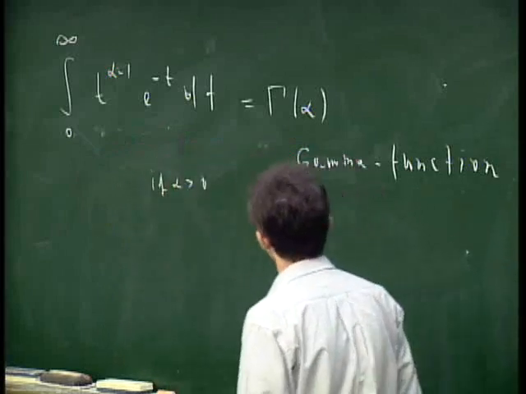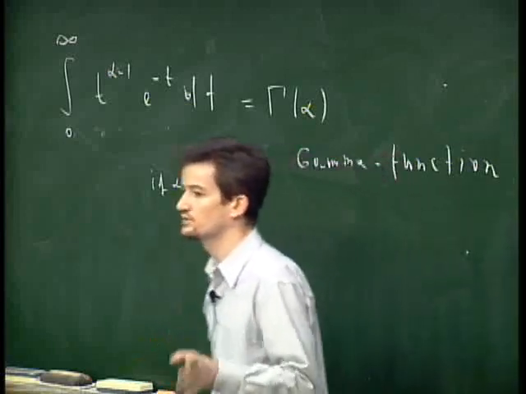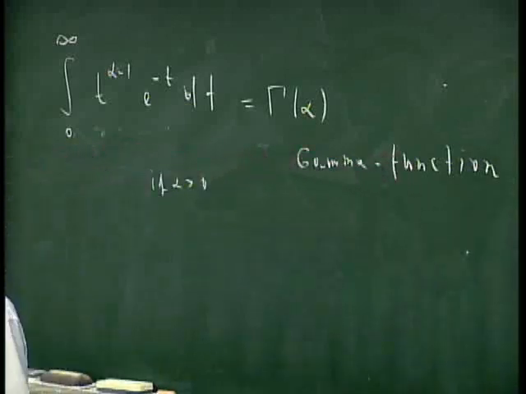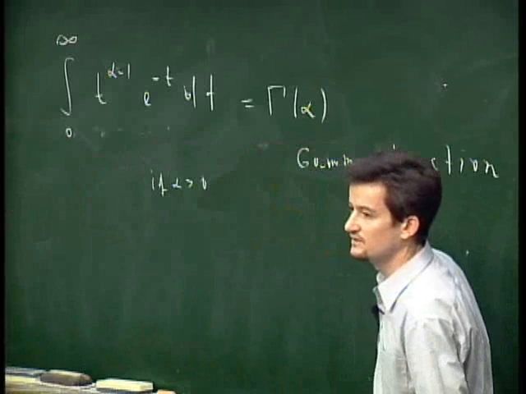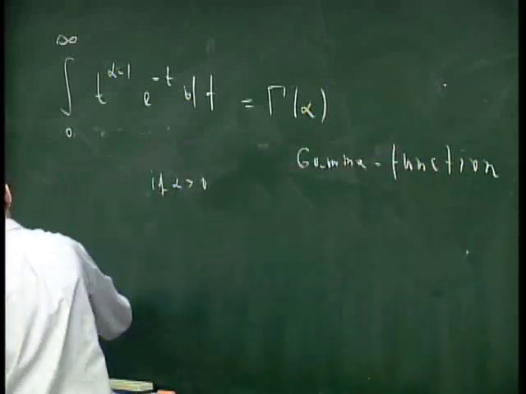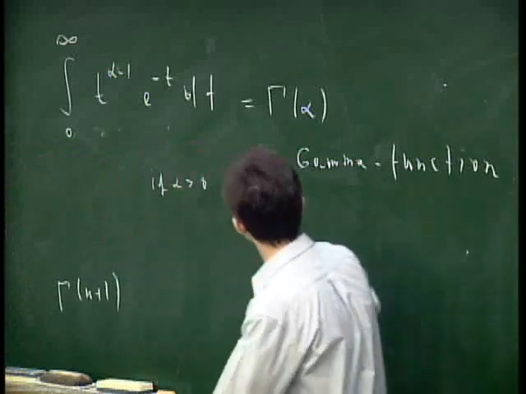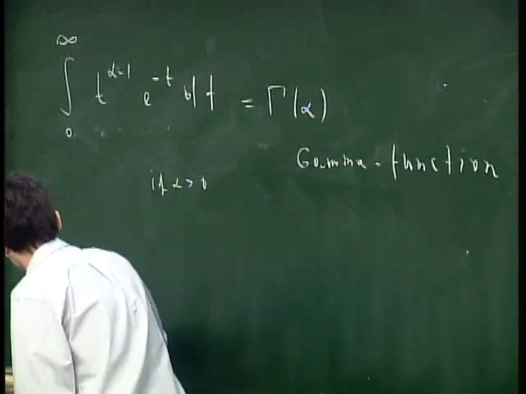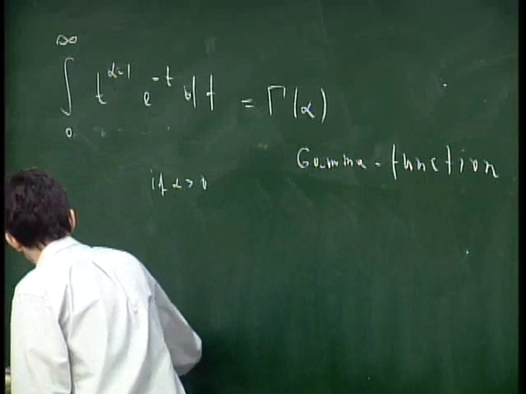Now you might wonder why this definition. Actually, this function is very important. This is one function which you will encounter frequently in all kinds of applications. Now you might wonder, why is this function important? So let's check out what is the function value of this function at n plus 1, where n is an integer.